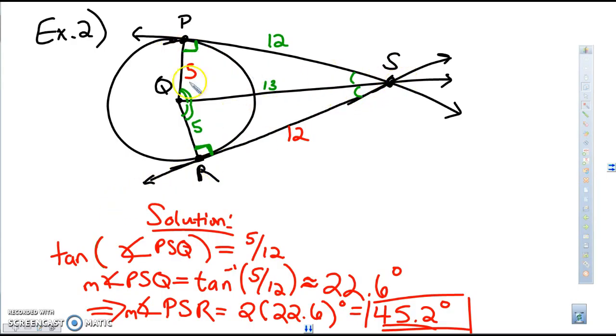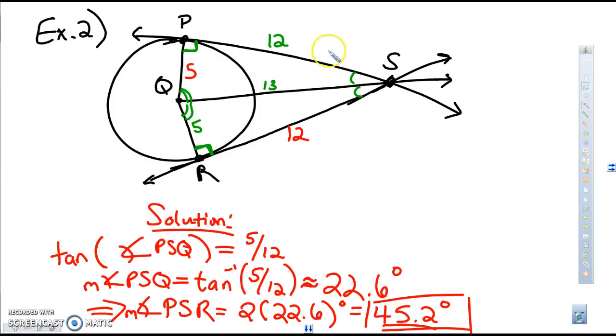If we want to find PSR, I don't know enough about this whole figure to just get this angle, but I can say that these triangles are congruent, so these two angles must be congruent, or if I know stuff about kites. So if I could figure out one of these angles from one of my right triangles, then I should be able to figure out the whole thing.